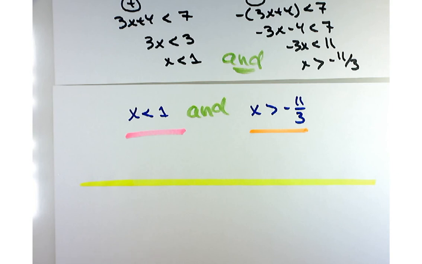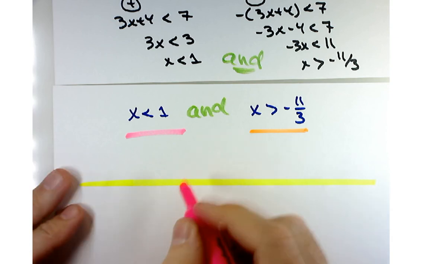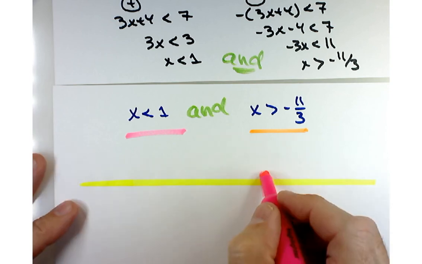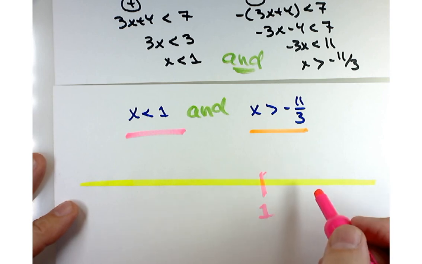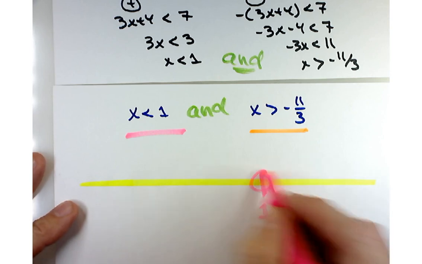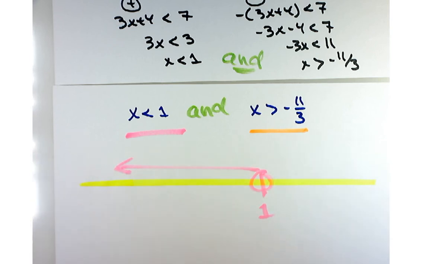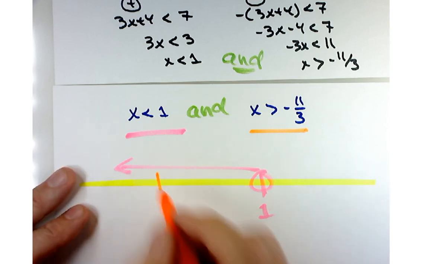So let's see here. We've got x is less than 1 here. So Jocelyn, solid dot or hollow dot? Hollow. Hollow, arrow to the left. Good. And then somewhere to the left, I've got negative 11/3.